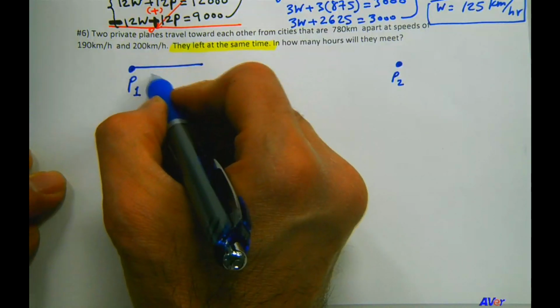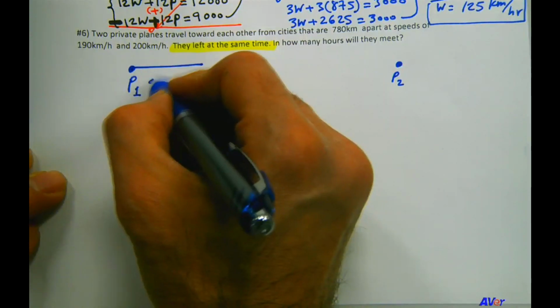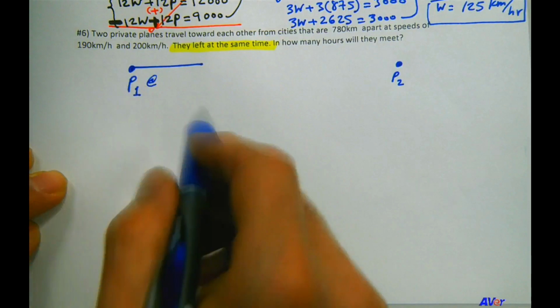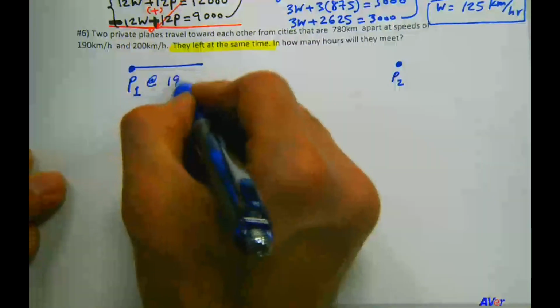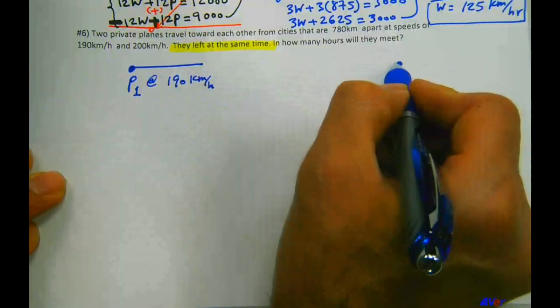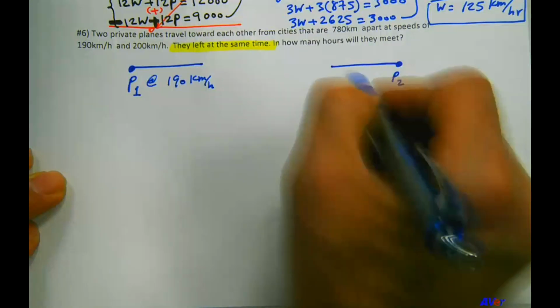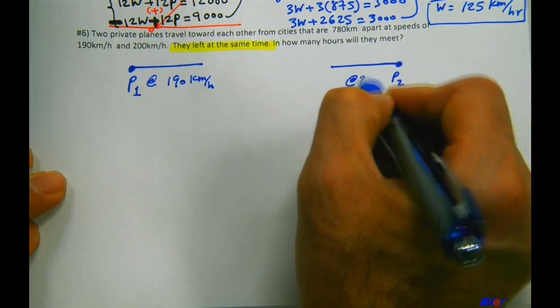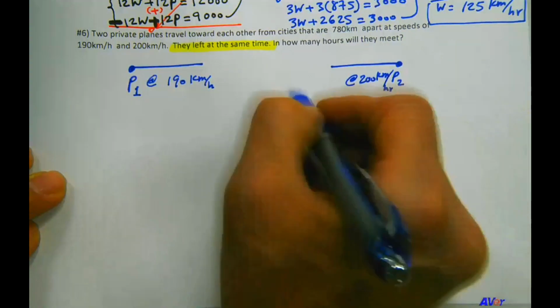Plane 1 is going at 190 kilometers per hour, and the other one is going in this direction at 200 kilometers per hour. Okay?